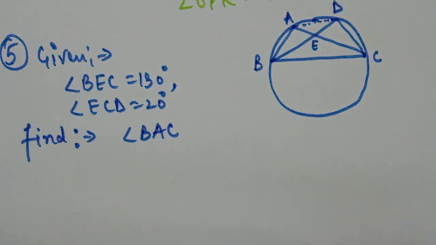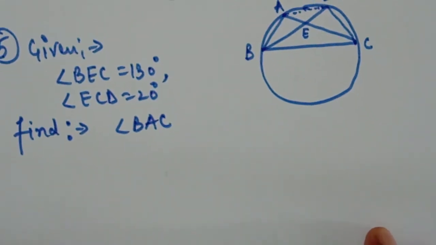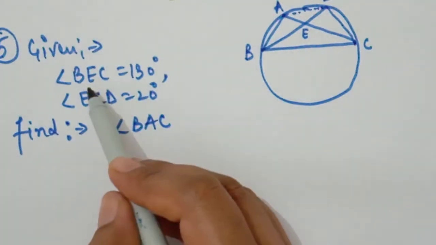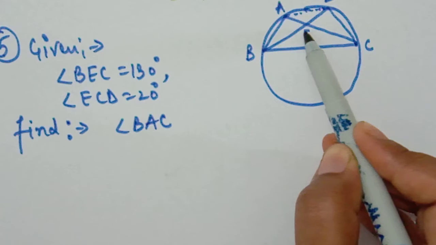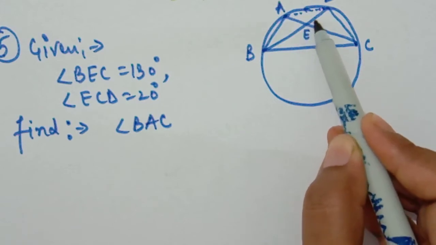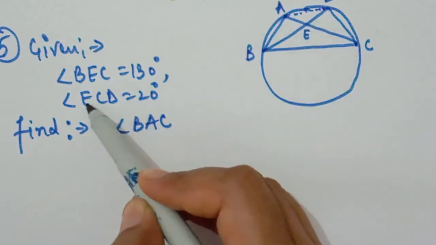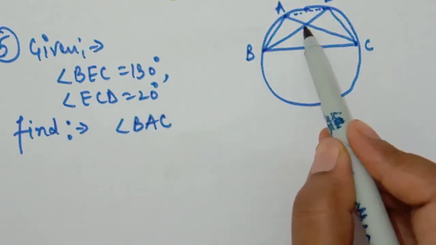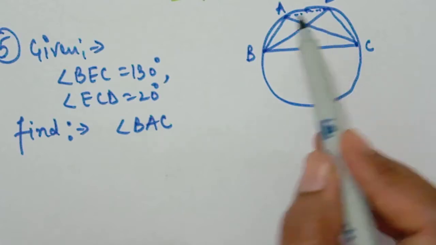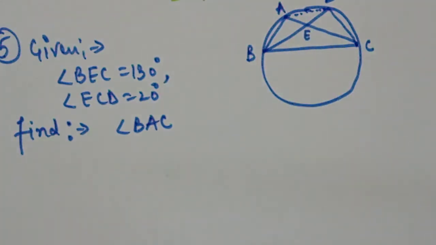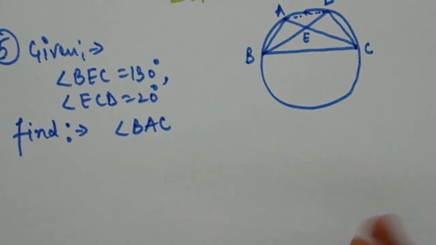So students, first of all, angle BEC is already given as 130 degree, then we have to find this angle by linear pair. And ECD we already have, so we have to find this angle by angle sum property. Then it is very easy to find angle A, because A and D are both in the same segment. Angle A and angle D are equal to each other. They are angles in the same segment.